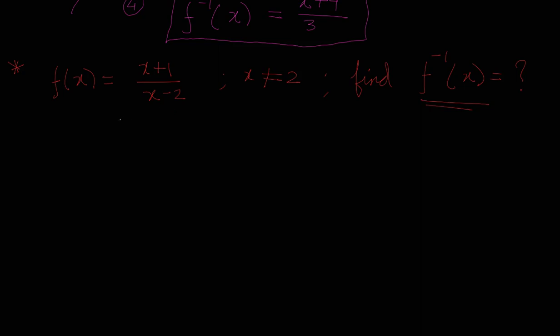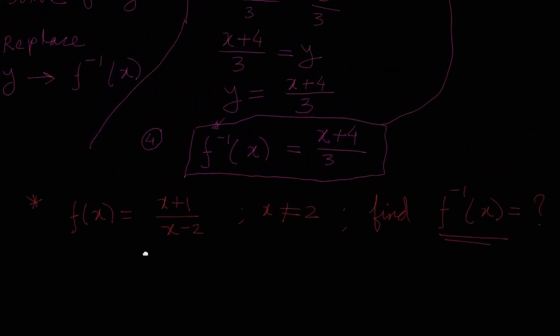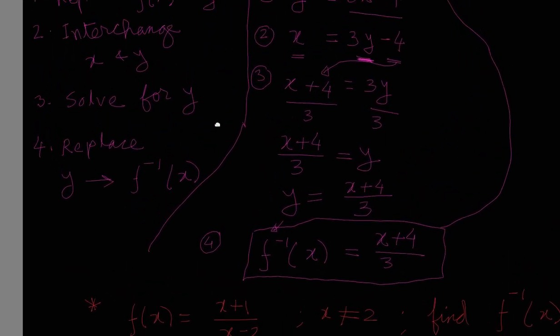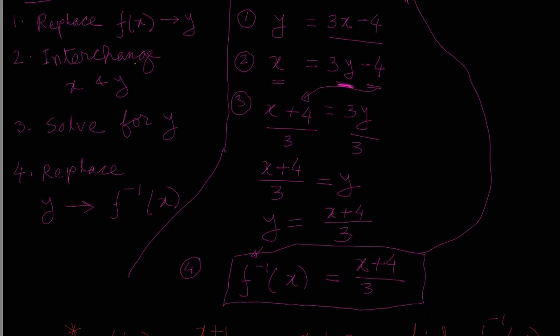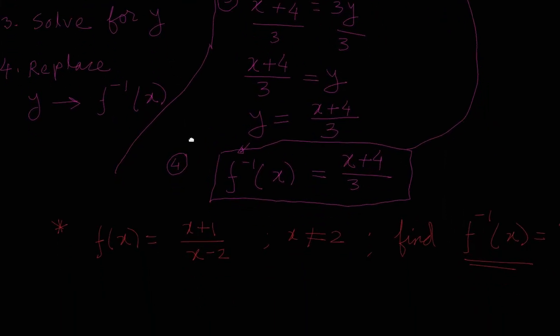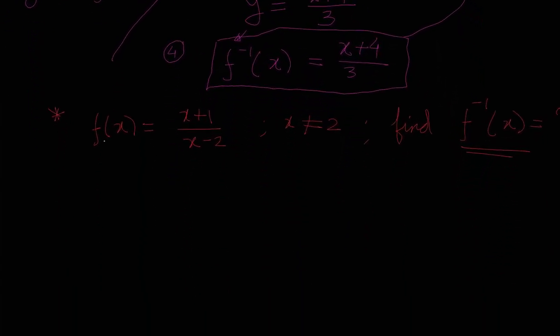So let's follow each step. What is the first step? Replace f of x with y. So y equals (x plus 1) over (x minus 2).